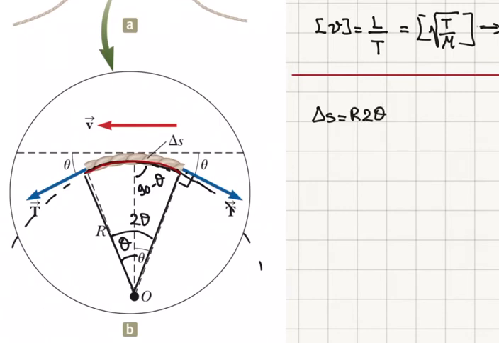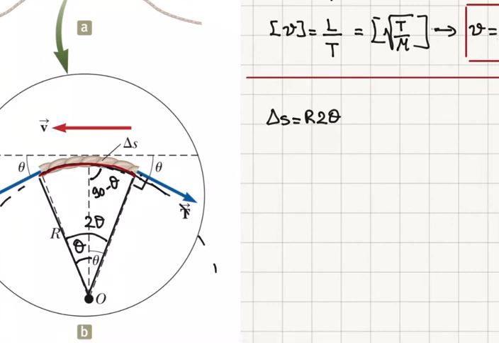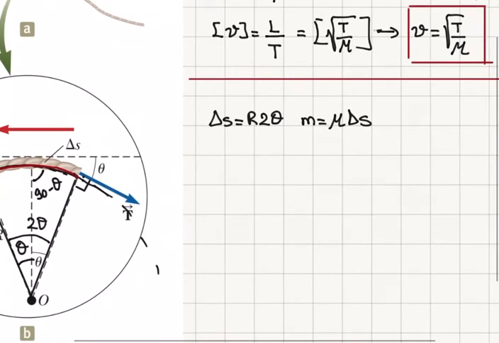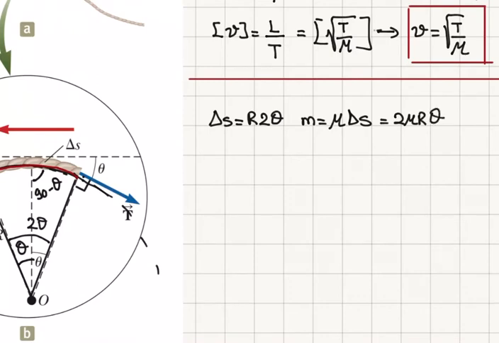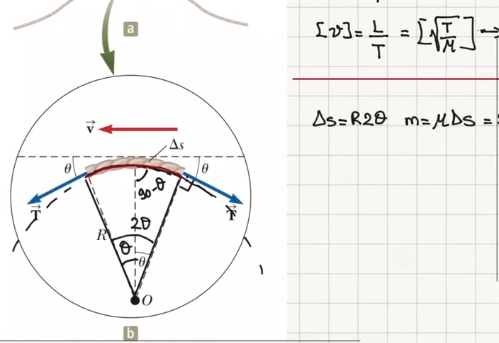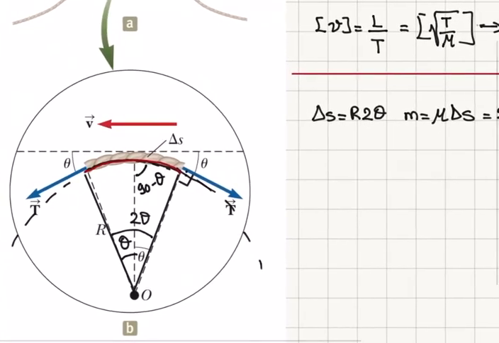And what is the mass of this string element? Mass is mass per unit length times delta s. So this will be equal to 2 mu r theta. That's the mass of the string element. Now, on the other hand, I have the tension being applied on the two ends of the string.